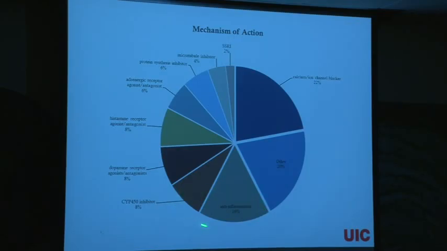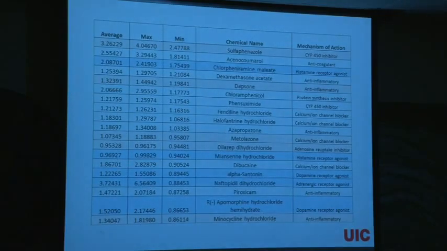Another big category was anti-inflammation with compounds like minocycline, and the category we're interested in were these CYP450 inhibitors, because these were the top 20 compounds, with sulfophenazole being the top compound, almost 3 standard deviations beyond the mean for the screen.